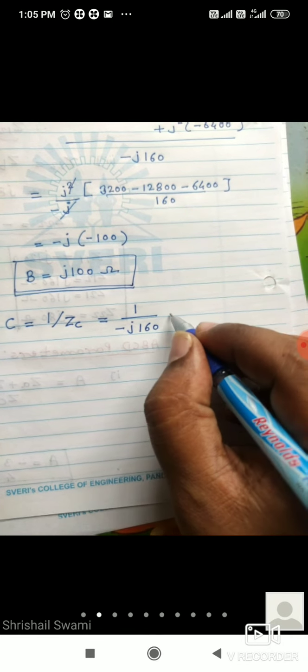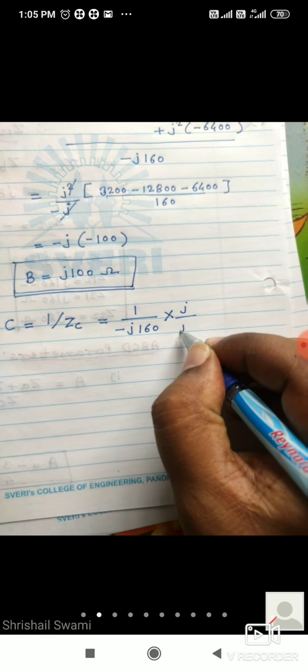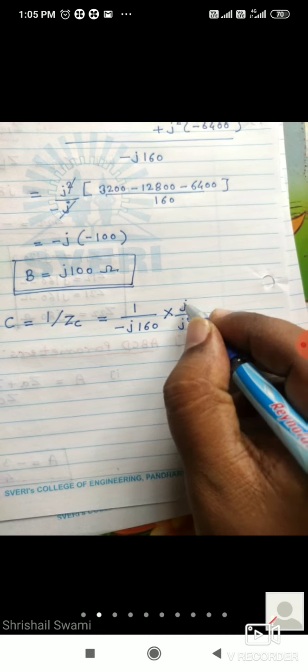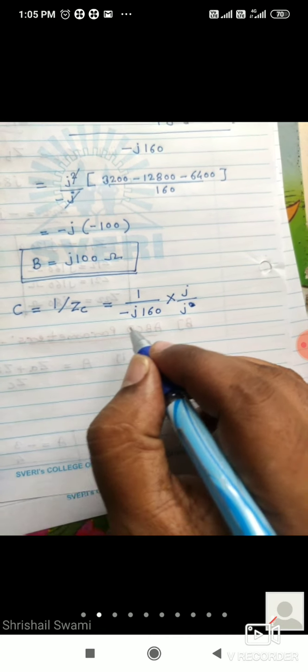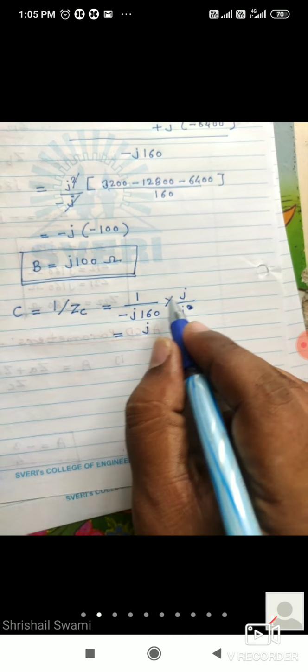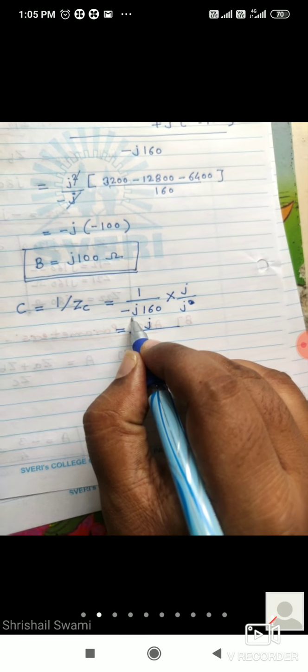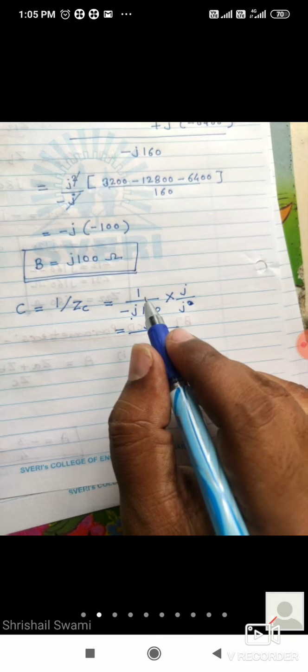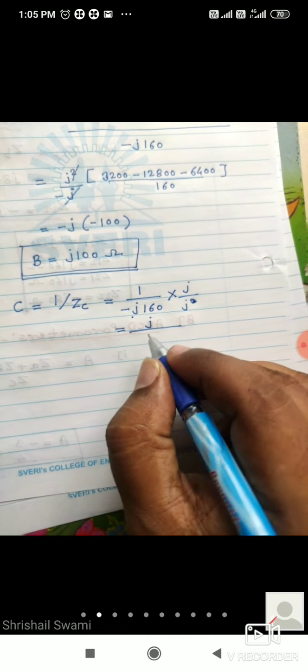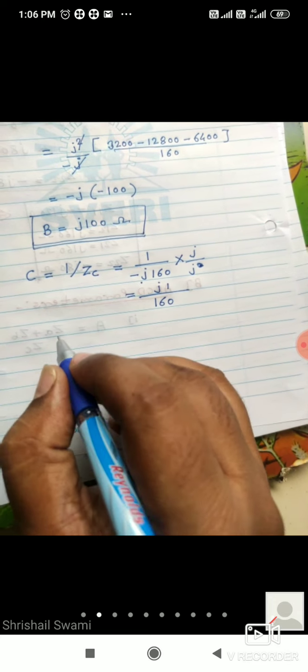Now see what we do here: I multiply by J in both places. So J remains in the numerator. J into 1 means J. So J into J, that is minus J square. J square means minus 1, so it becomes 1. So J upon 160 remains.